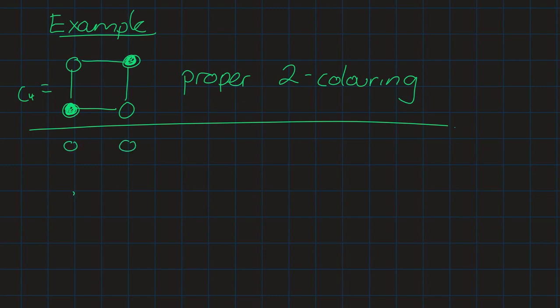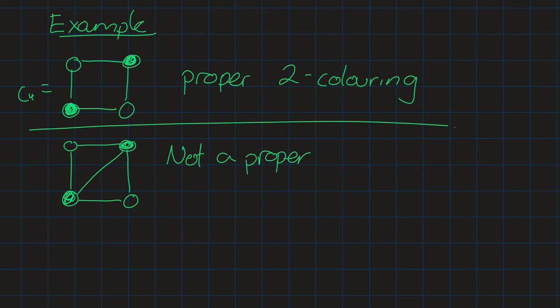But if I modify this graph ever so slightly, exactly the same thing, but now I add this edge here, this is not a proper colouring, because the two green vertices are connected by an edge.